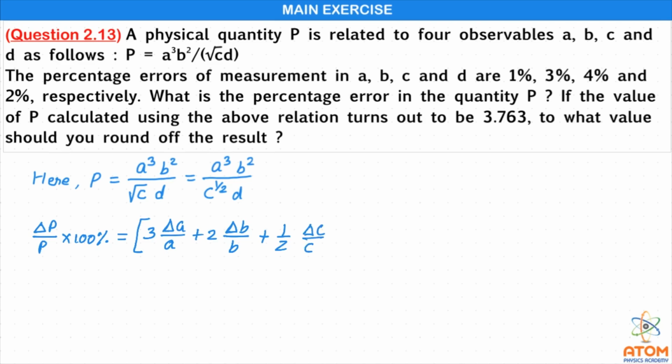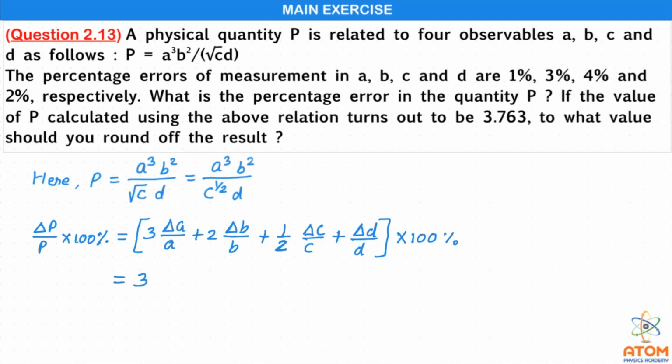Though the term C is in the denominator, the error will be added with the power as a multiple, and the same will be applied to D. So here it is delta D upon D multiplied by 100%. So this all becomes the percentage error. Now we have the values of percentage error in A, that is 1%.